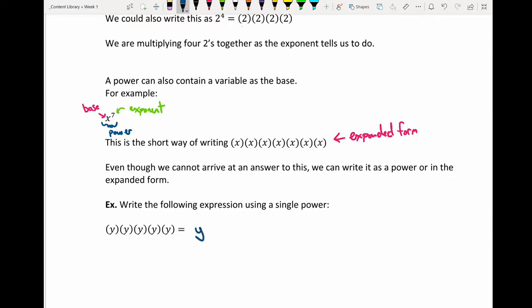So in this case, y is going to be our base. Our exponent is going to be the number of times it's multiplied by itself. So if I go back and look, I see 1, 2, 3, 4, 5. So I see y 5 times, which means my exponent must be 5.